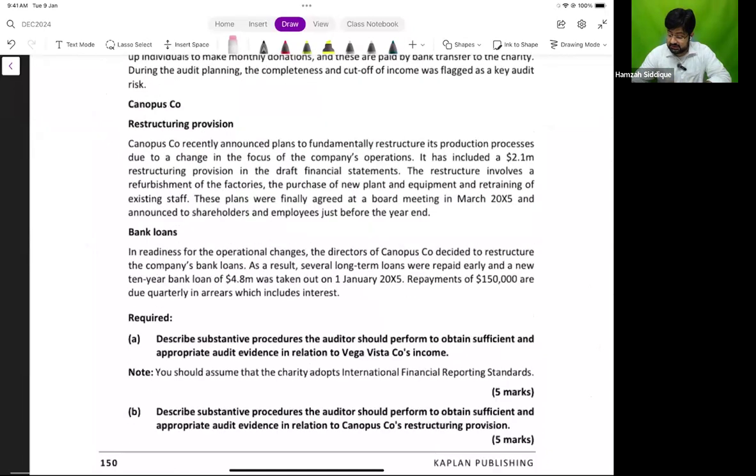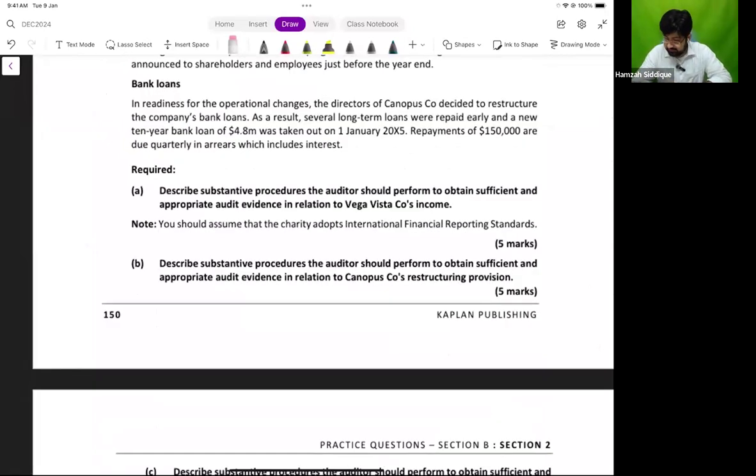There are requirements. The first requirement is to describe substantive procedures they should perform related to the income. 5 procedures to verify income.